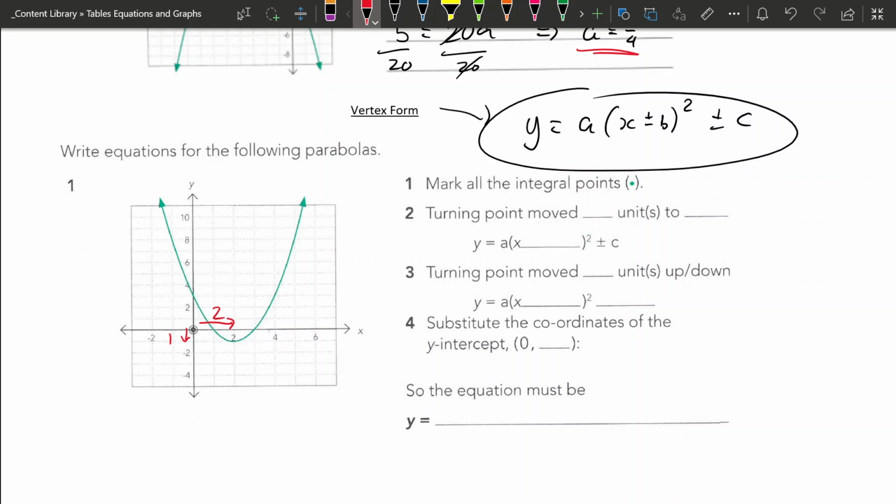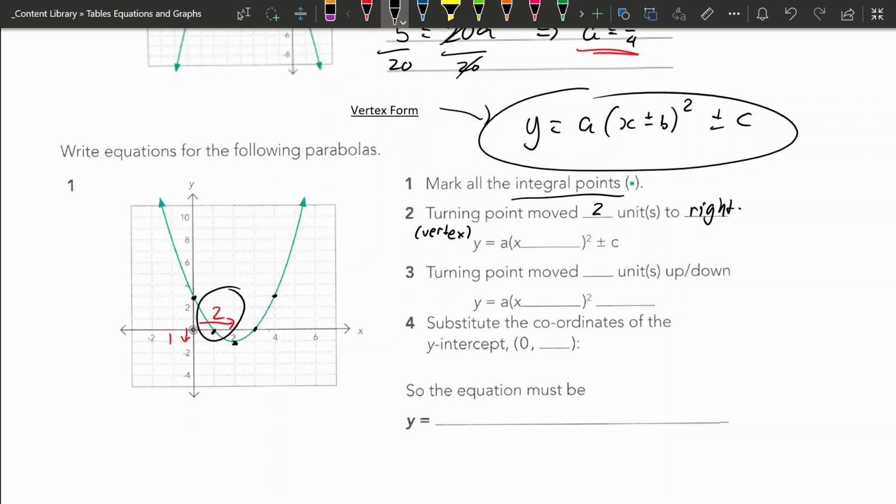So I'm getting ahead of myself. So let's mark all the integral points first. So it's all those points that cross the grid. Those ones are the ones that matter. And your turning point, also known as your vertex, moves 2 units to the right.